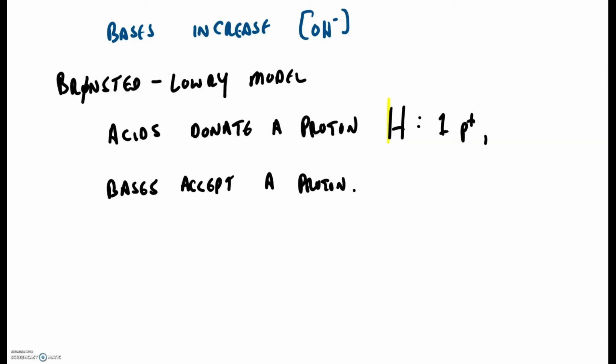And it makes sense because if bases release OH minus into solution, there's really nothing more that they want to do with this OH minus than to hook up with an extra proton to make water. And we'll see that in a little bit when we get to what are called neutralization reactions. So these two models are saying the same thing, just from different perspectives. All right?